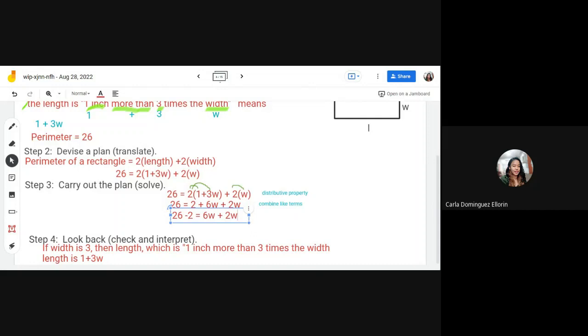So, 26 minus 2, that is 24, is equal to 6W plus 2W, that is 8W.